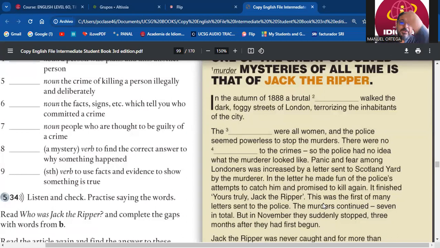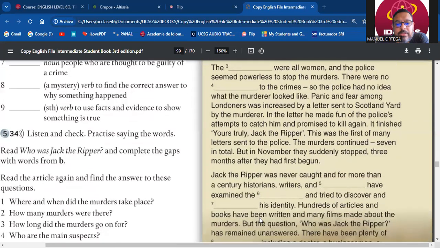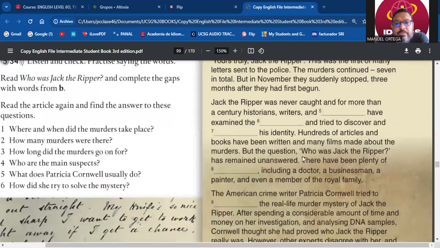This was the first of many letters sent to the police. The murders continued, 7 in total. But in November, they suddenly stopped, 3 months after they had first begun.